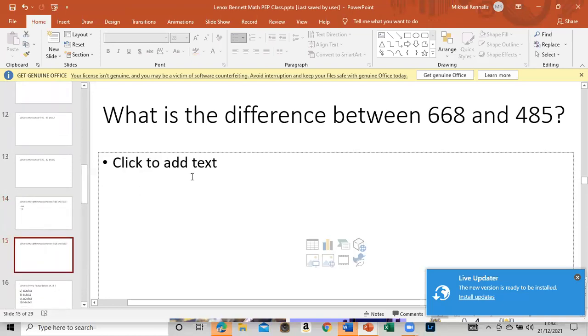What is the difference between 668 and 485? I want everyone to work it, all right? 183. Oh, can you do the answer so fast? I'm wondering the same thing.